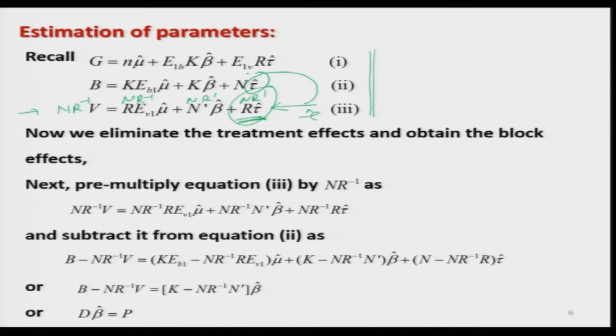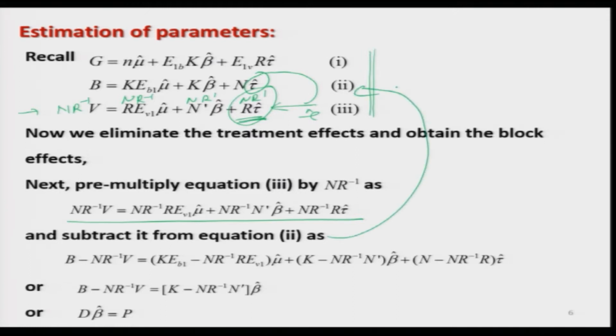This is the same process that we did earlier for β hat between equations 2 and 3, but now we are doing it between 3 and 2. So we pre-multiply equation 3 by this quantity, obtain this quantity here, and then subtract it from equation number 2.